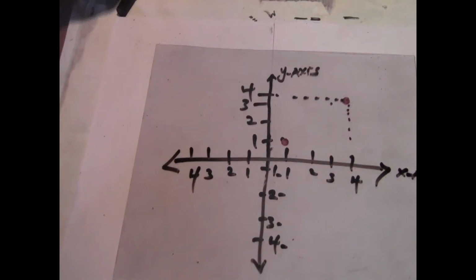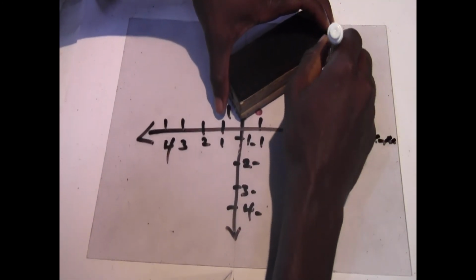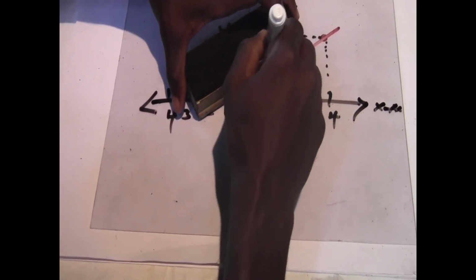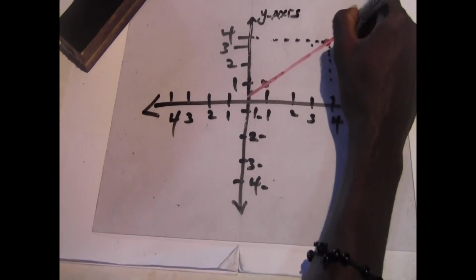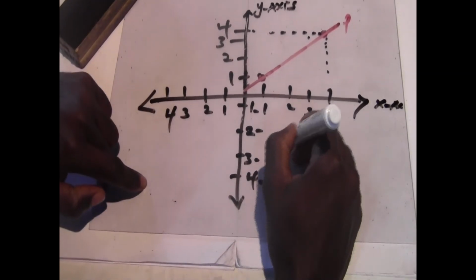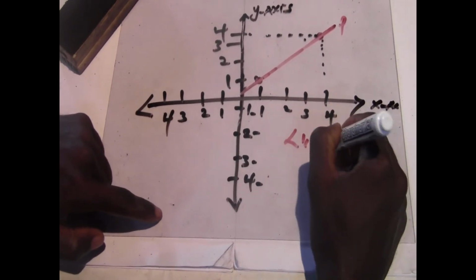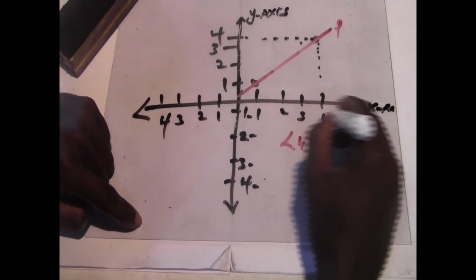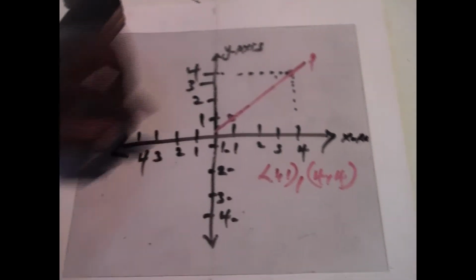So we have those 2 points that mark this line. Let me call this line P. The coordinates of one point are 1, 1, and the coordinates of the other point, which is here, are 4, 4. Those are the coordinates of this line.